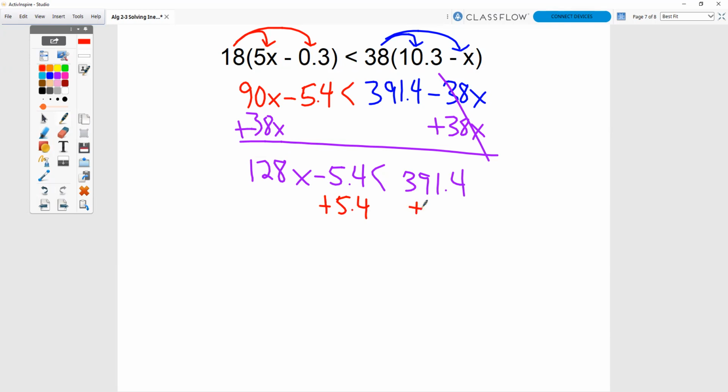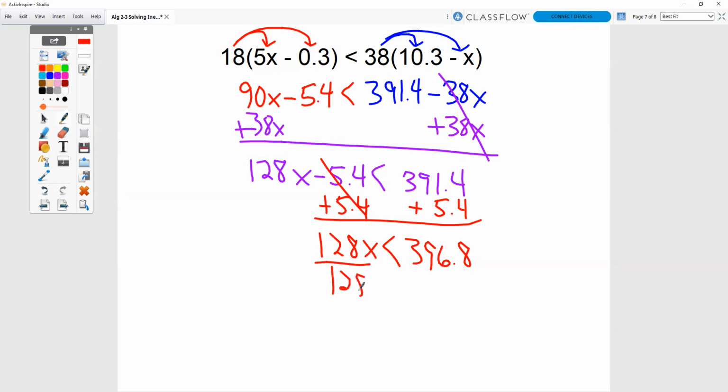Plus 5.4 plus 5.4. So 128x is less than 396.8. Divide by 128, divide by 128, top divided by bottom, and you get 3.1.